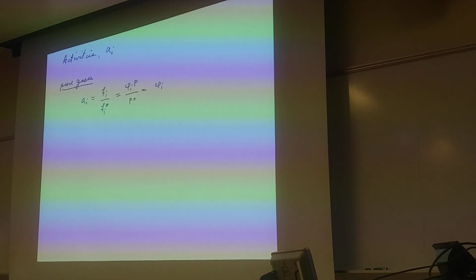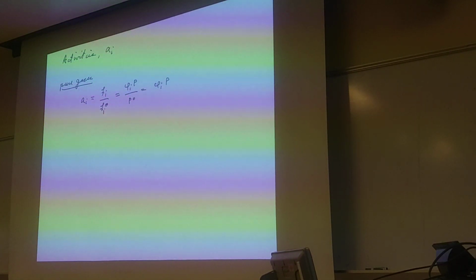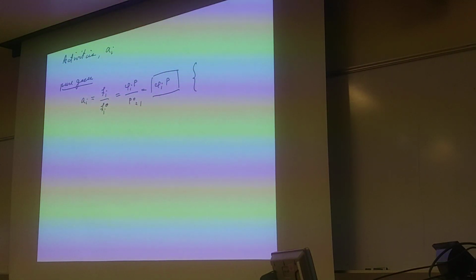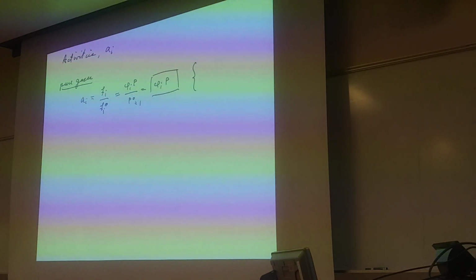So I can write that simply as φP. Now, something you have to remember when we write that out. It looks odd because we know that activity is dimensionless. But this looks like it has dimensions of pressure, but it doesn't because we've got that P0 equal to 1 bar in the denominator.